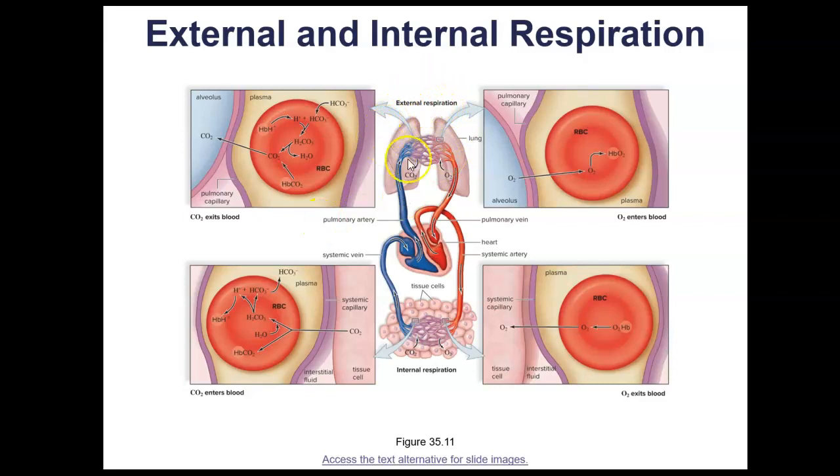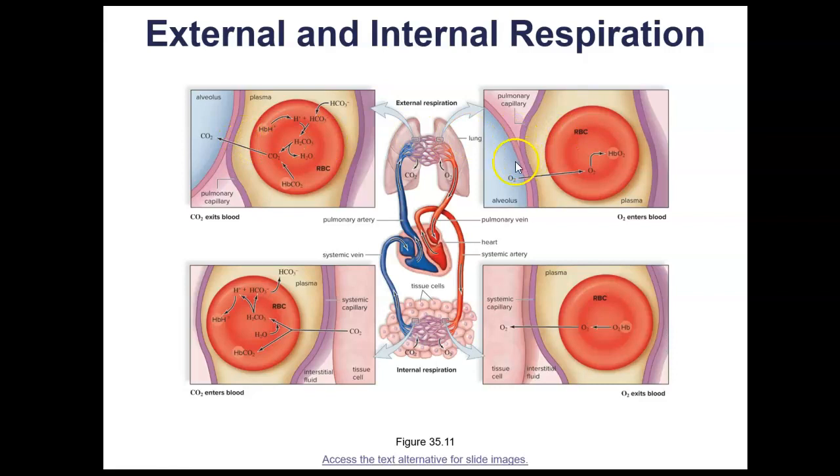So if we look at external respiration, the exchange of oxygen and carbon dioxide in the lungs, what you've got over here in the top left illustration is the connection between the alveolus or air sac of the lungs and the wall of the capillary, the blood capillary. So you have a higher partial pressure of oxygen.